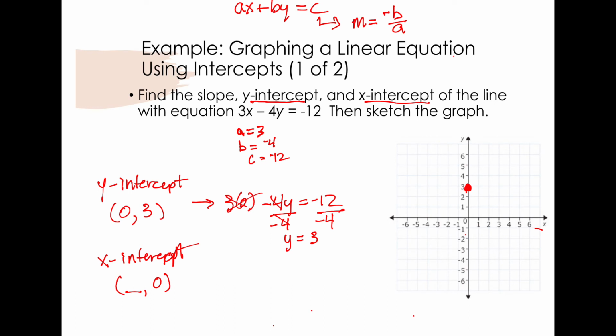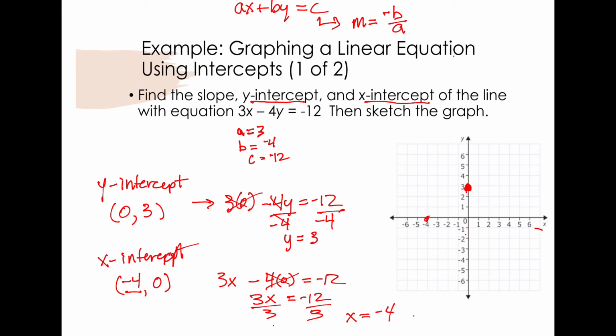Then to find the x-intercept, we're going to plug a 0 in for y. So that becomes 0. So I have 3x minus 0, or just 3x, is equal to negative 12. Divide both sides by 3. x equals negative 4.